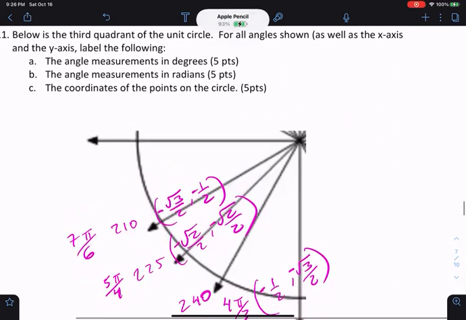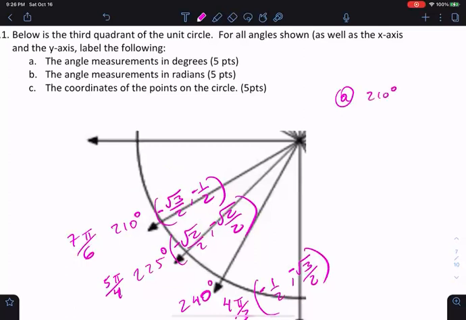And they're asking you for the angle measured in degrees. So we already found it, right? In degrees. Here, here, here. That was part A. So you can say A is 210, B is 225, C equals, well, I should put 11A is 1, 2, 3, right?